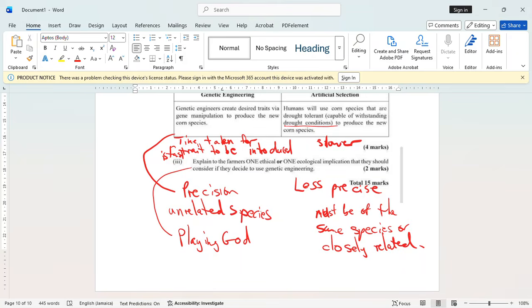Persons are of the view that scientists are playing God by trying to create an organism that is going to be superior in itself, and it wasn't created like that. So you make a new species of corn plant that is drought resistant.